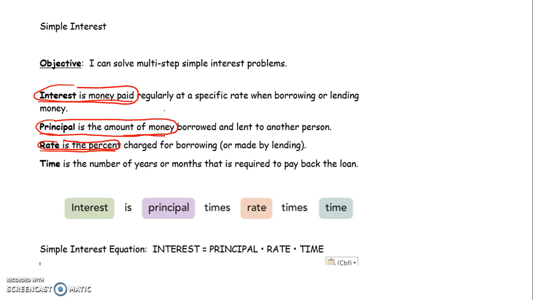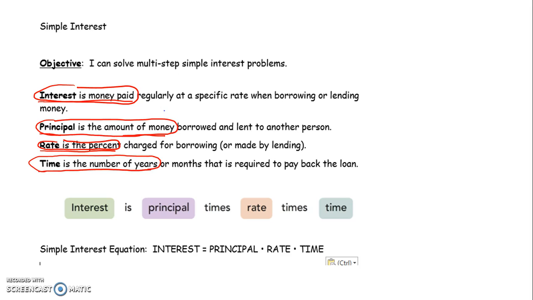It's the percentage charged for borrowing or made by lending. And time is a number of years or months that's required to pay back the loan. And time in this formula will always be measured in years for now, unless the problem very specifically states that the percentage is based on a number of months.